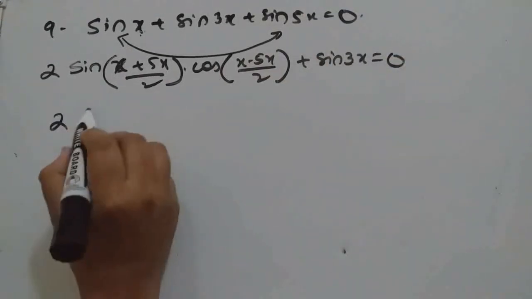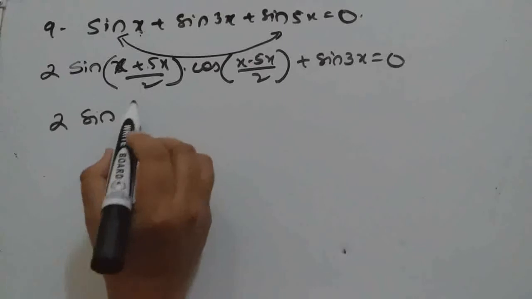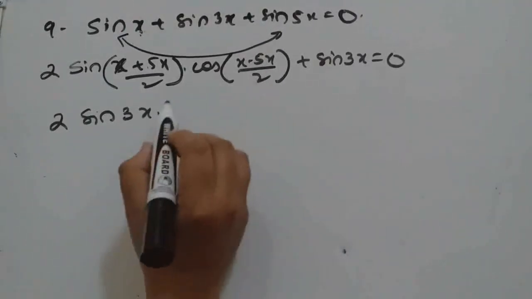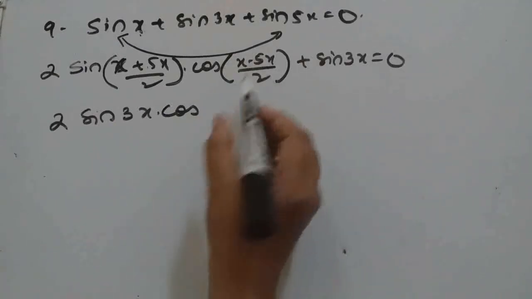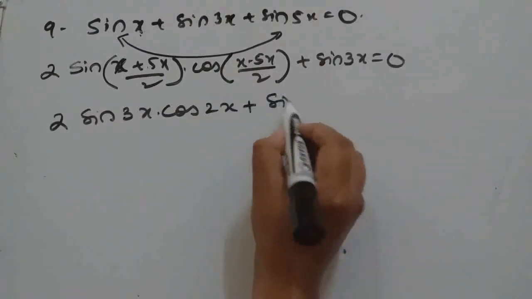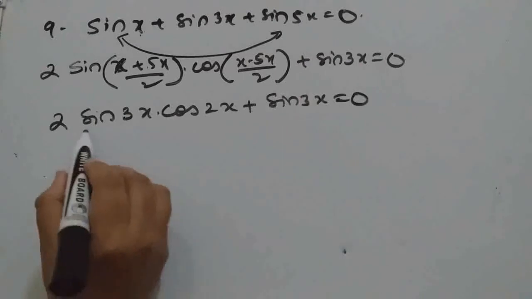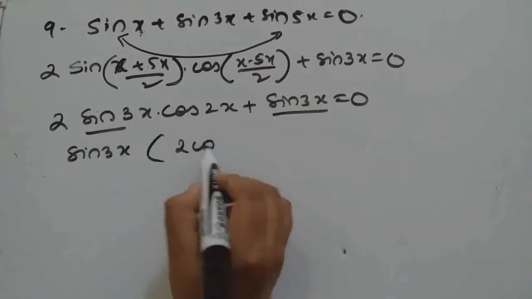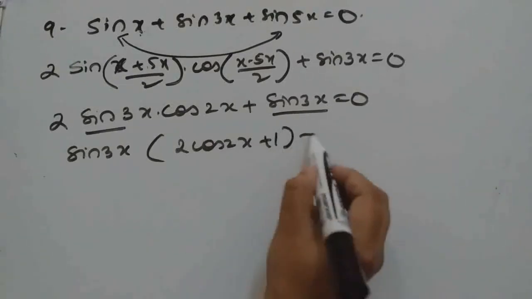So 2 sin 3x, and here minus 4x by 2 means minus 2x, and cos of minus 2x means cos 2x. So sin 3x we can take outside: sin 3x (2 cos 2x plus 1) will be 0.